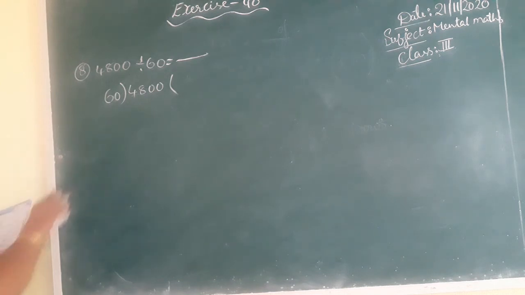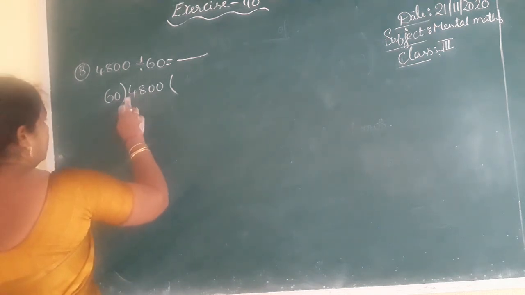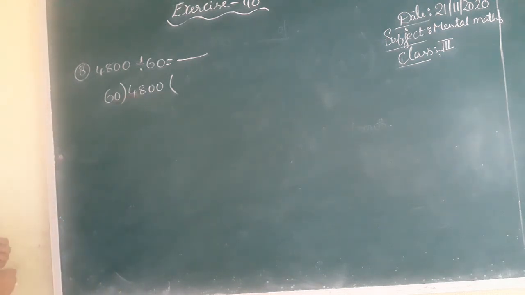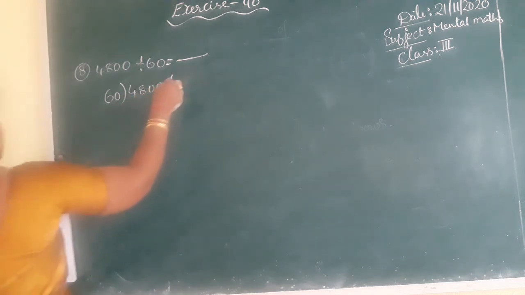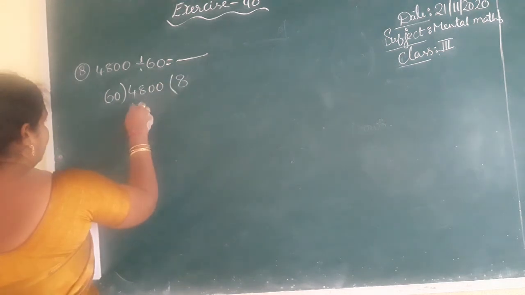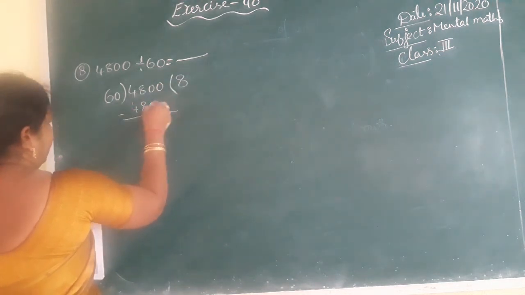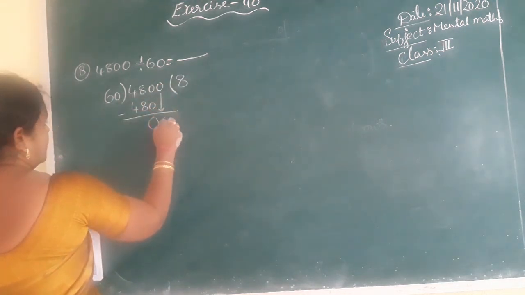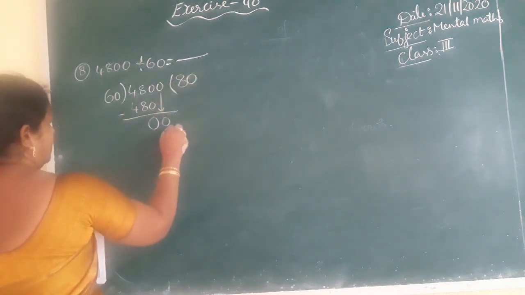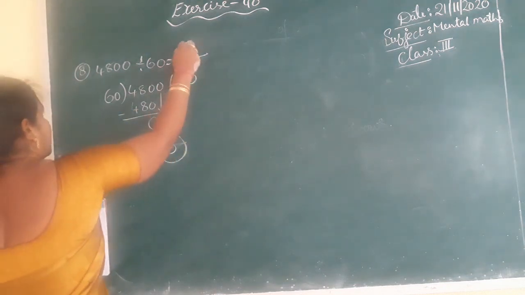So check through 3 numbers in this row. 480, 48 in the 6 table. 6 1s 6, 6 2s 12, 6 3s 18, 6 4s 24, 6 5s 30, 6 6s 36, 6 7s 42, 6 8s 48. So 8 times it is possible. 6 8s 48, 480 minus 480 is 0. Drop down 0. 60 zeros 0. Remainder 0.